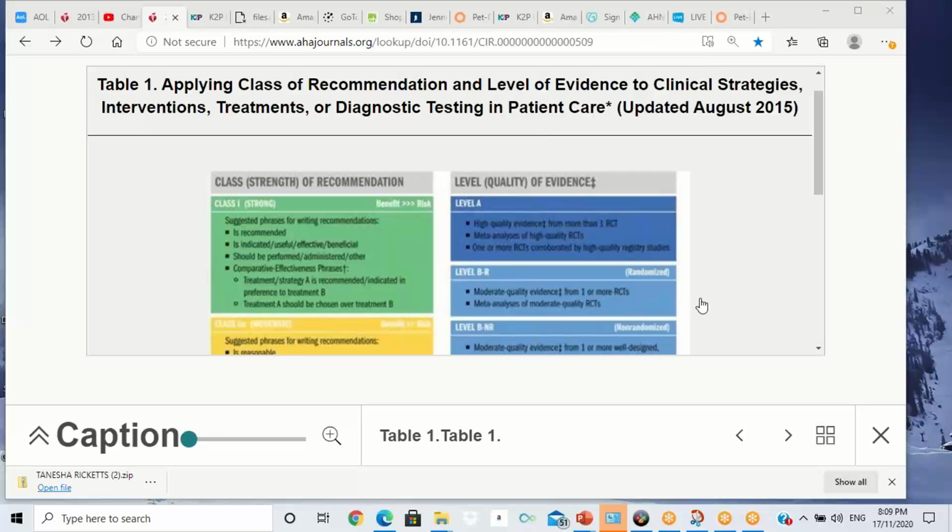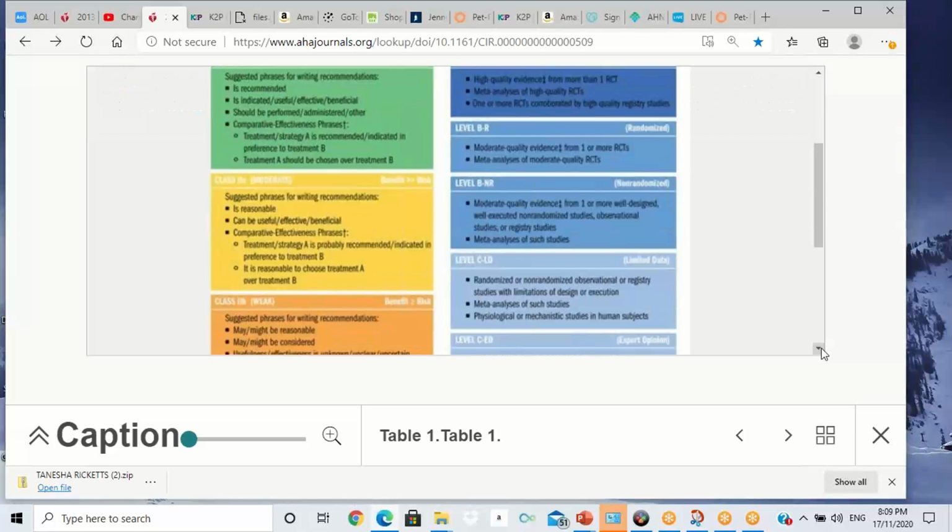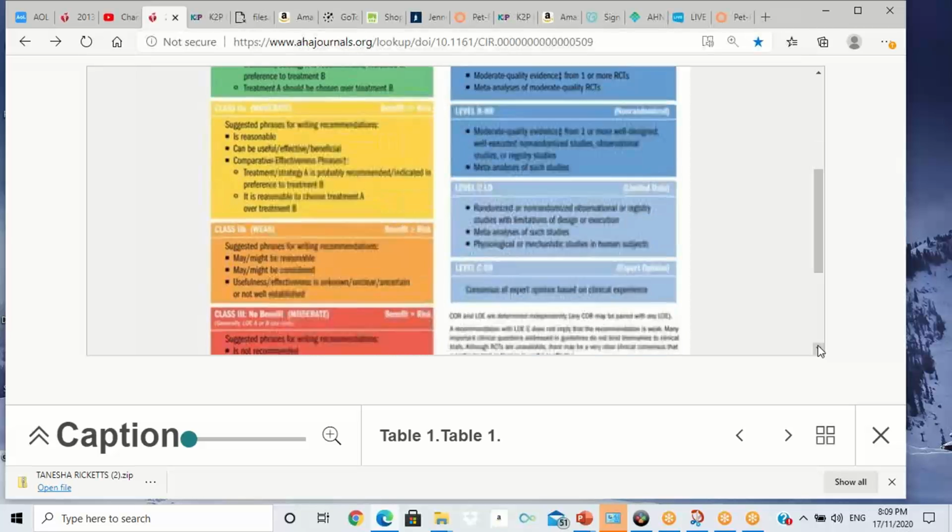So, that is a class 1 as opposed to your class 2. Class 2 is divided into class 2A and class 2B. 2A is reasonable, and it is effective, it is beneficial, and the treatment should be carried out. Whereas class 2B, it's a little weaker indication.